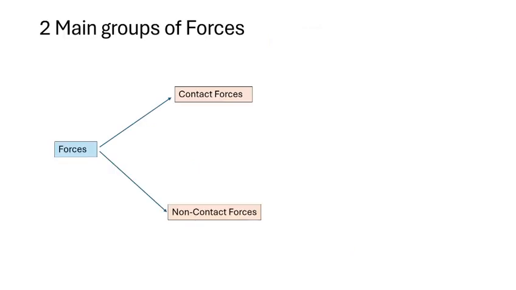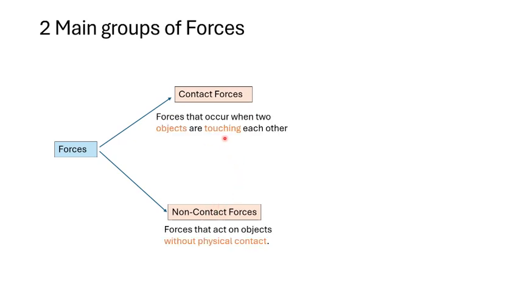The two main groups of forces are the contact forces and the non-contact forces. Now, how do we define the two? Forces that occur when two objects are touching are referred to as contact forces, whereas forces that act on objects without physical contact are referred to as non-contact forces.